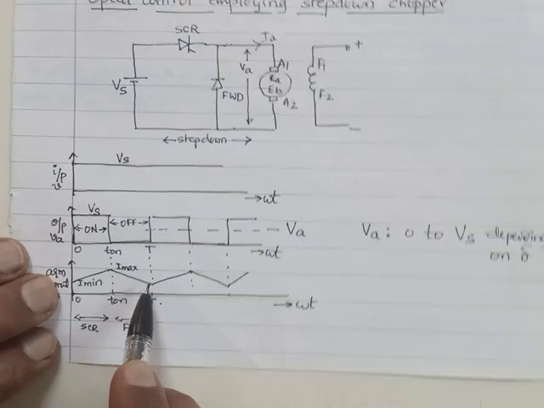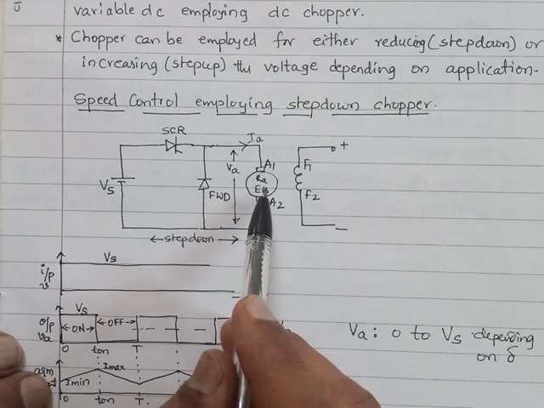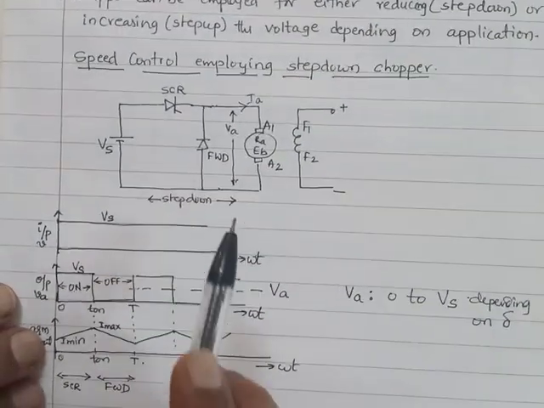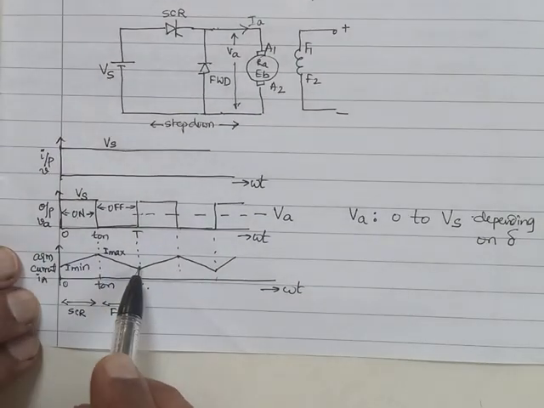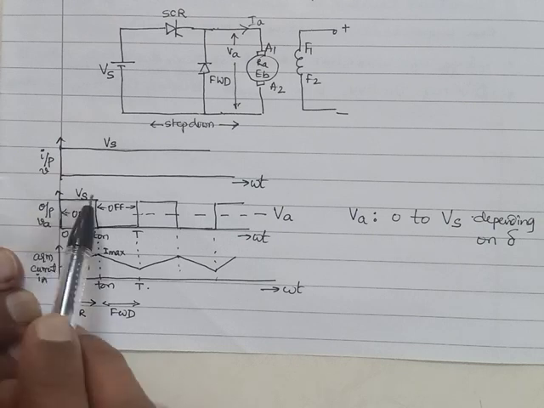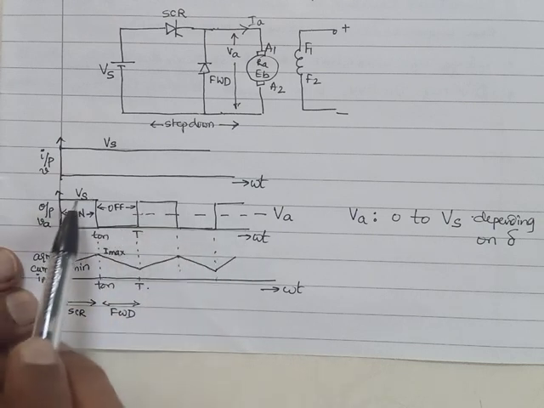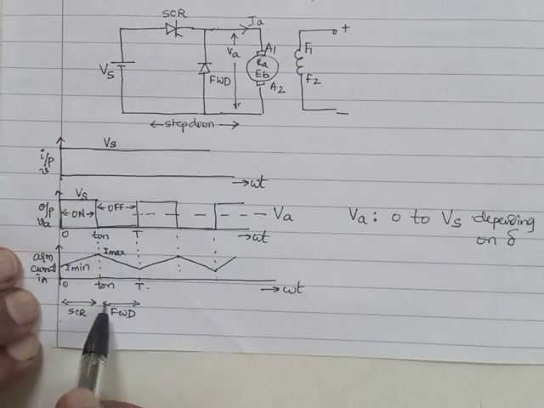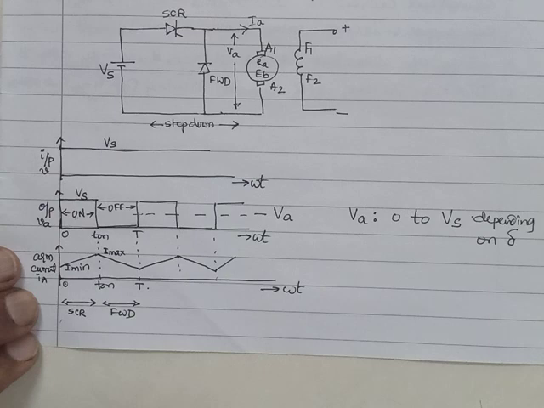That means it is a highly inductive circuit, highly inductive armature. Energy stored is more. So the current waveform and the voltage waveform. When the SCR is conducting, output voltage is Vs. When the freewheeling diode is conducting, output voltage is 0. Okay.